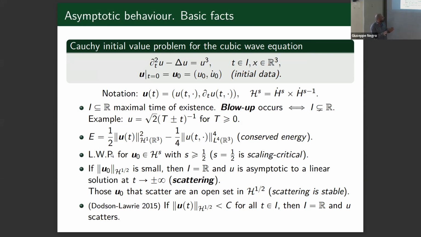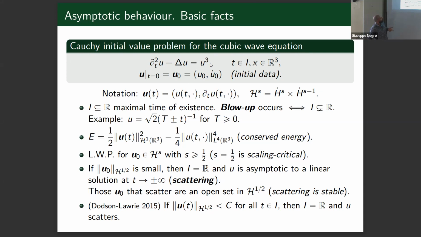Most importantly, we're talking about something that has a meaning. And here I have the opportunity to introduce this exponent, which is going to be extremely important in the following. 1/2, you see, is the endpoint for local well-posedness. And the reason for this is the scaling invariance. So I haven't written it in here, but you will have no problem in doing this mental exercise. If you rescale all variables, t, x, and u, appropriately, you can produce new solutions.